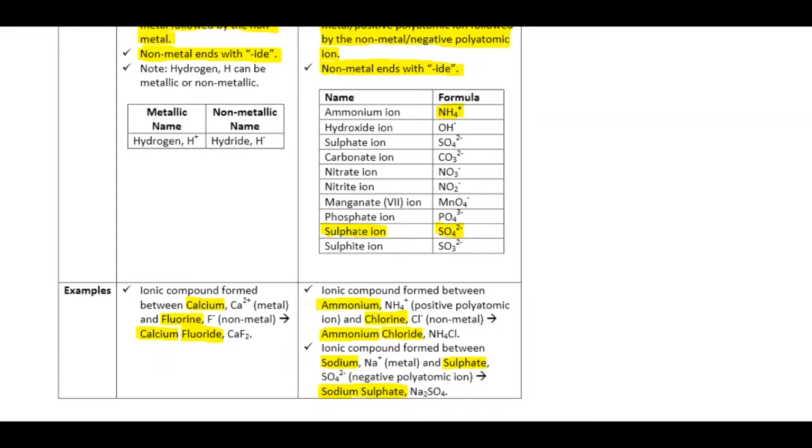In this table I've also provided the names of the polyatomic ions, as they are used in an ionic compound. So you just call the sulfate ion a sulfate. That's the name of the polyatomic ion in an ionic compound.